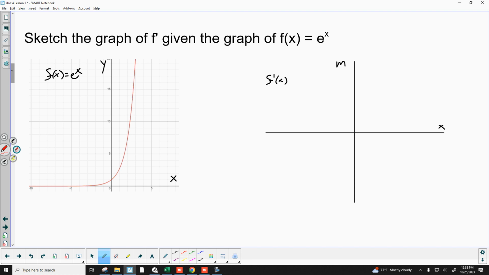Here's y equals e to the x. What does its slope graph look like? You don't know, so give it a shot.